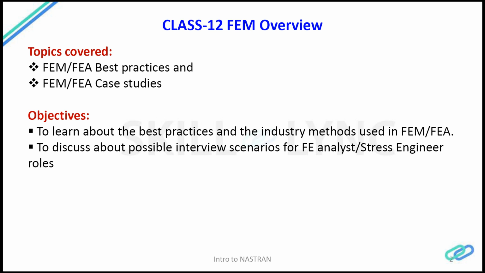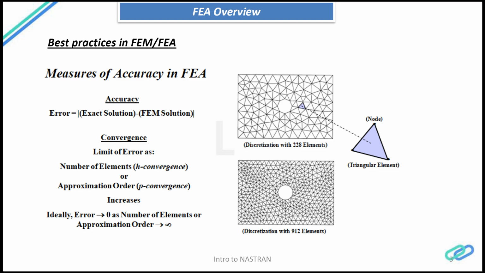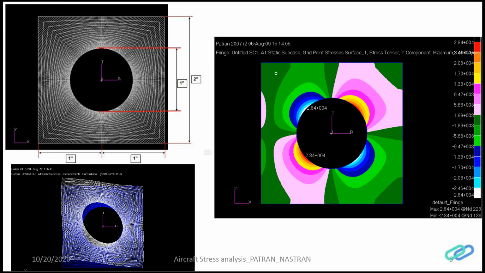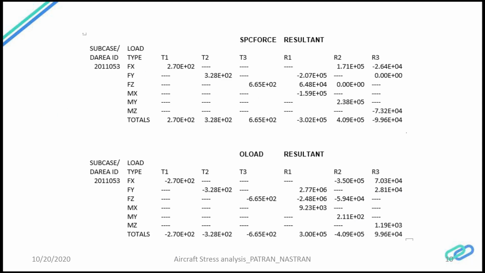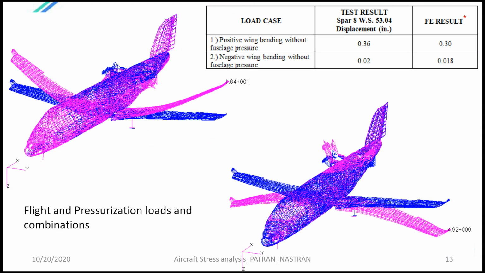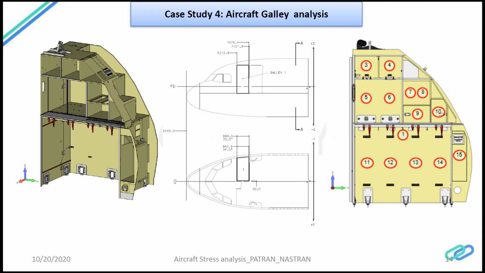And suppose you have a big structure, like the galley structure we saw during the case study. They would show you some structure similar to this and ask, suppose the attachment fails, what would be your necessary course of action?